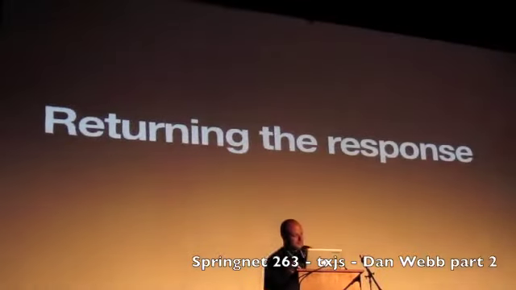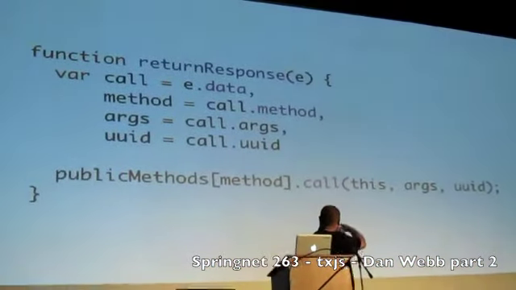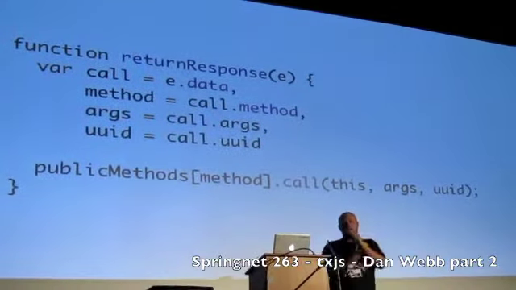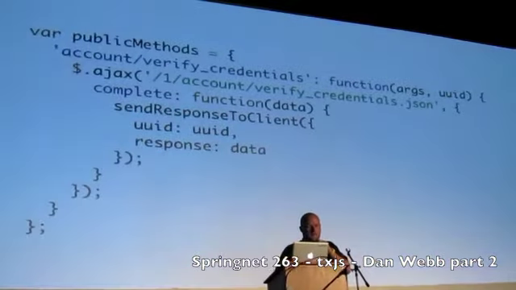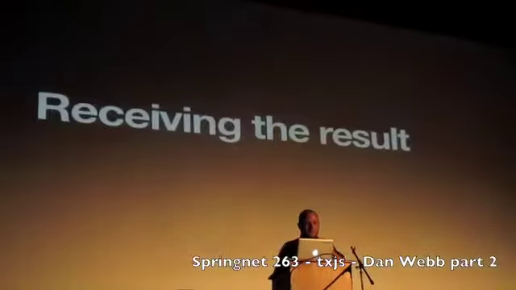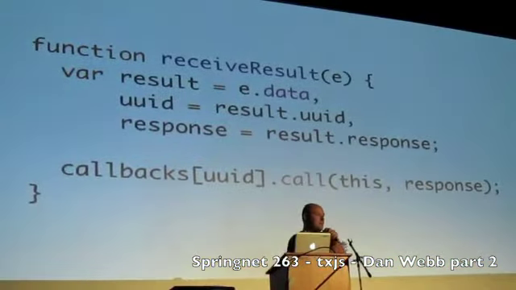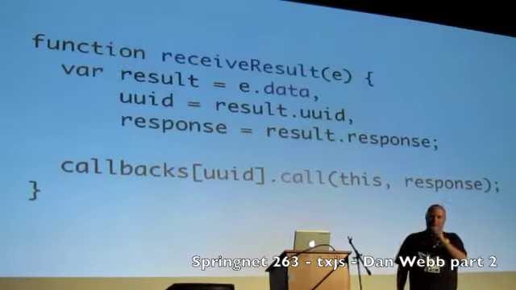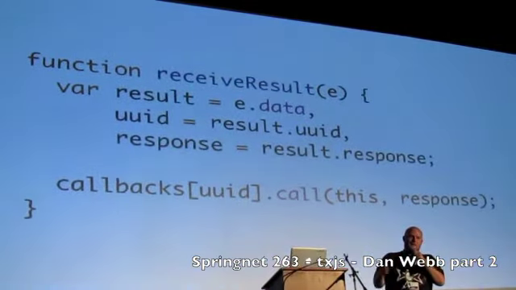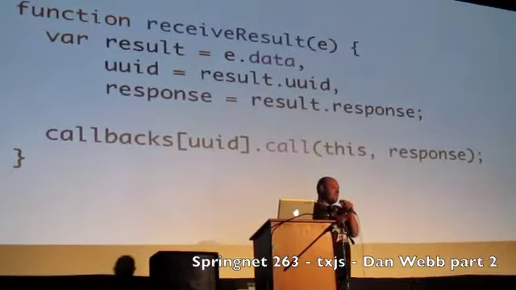The reason we do this is when we're returning a response on the other side, we'll call the public method, passing in the method and arguments and everything, and the UUID, and then back in here we actually pass the UUID back, which means when you're receiving the result on the other side, we can get the corresponding callback for that UUID and call it when it returns. And that enables us to send many requests for information and not necessarily have to receive them all back in the same order.